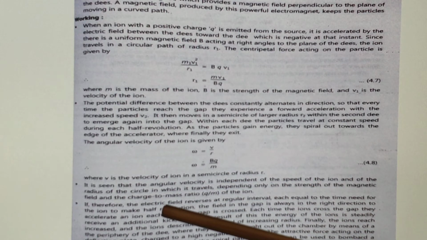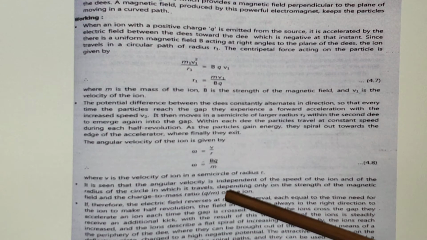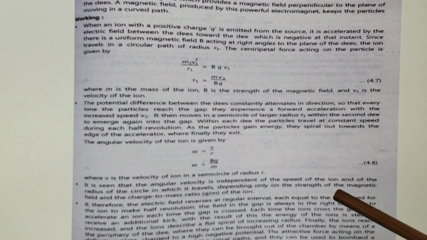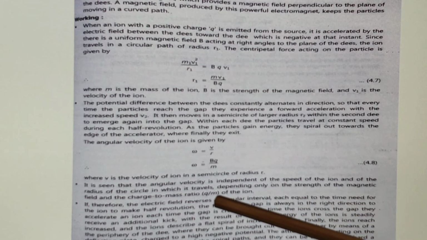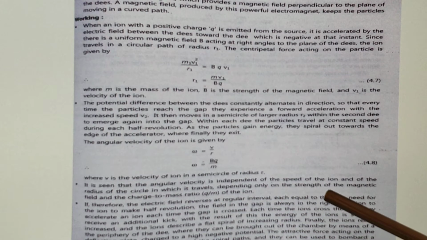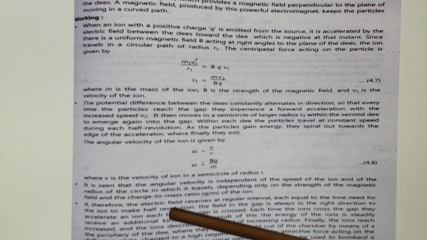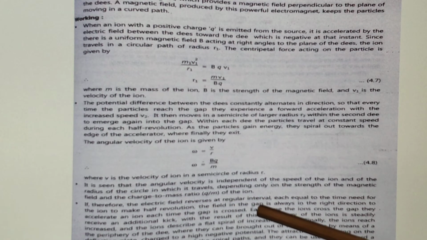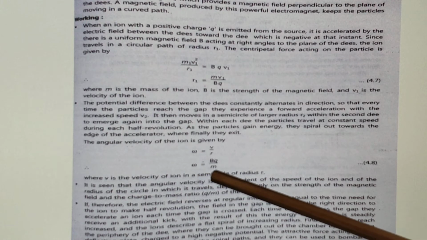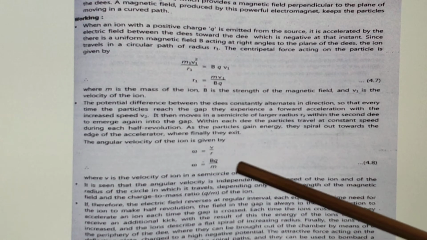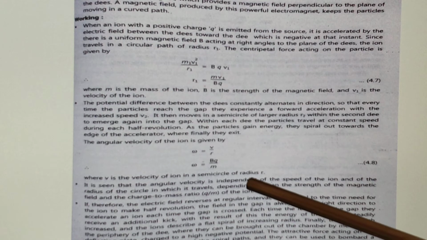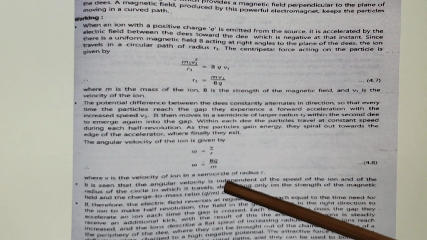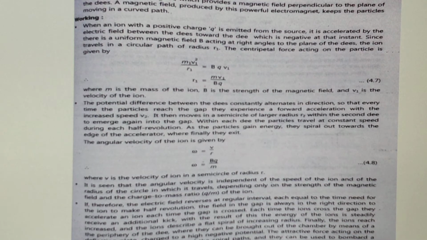Next, it is seen that the angular velocity is independent of the speed of the ion and of the radius of the circle in which it travels, depending only on the strength of the magnetic field and the charge to mass ratio, that is q upon m of the ion. That means this angular frequency depends upon the strength of the magnetic field B and the q by m ratio, that is the charge per unit mass ratio.